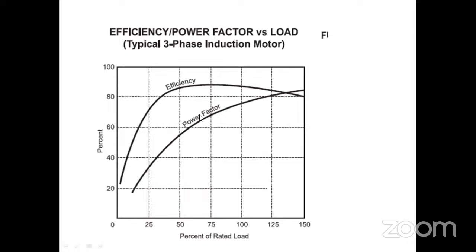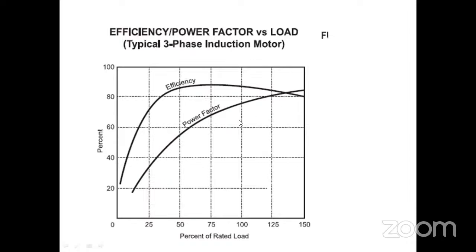And power factor, we can draw this curve for power factor from no load. It will be very, very low, and the power factor will improve with increase in load. Even at 150%, 1.5 times the rated power output, the power factor is maximum at that particular load.